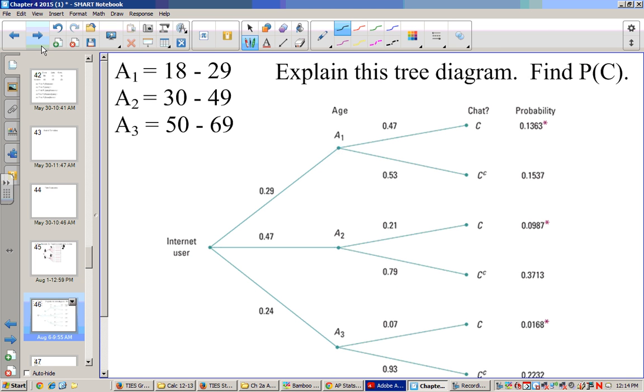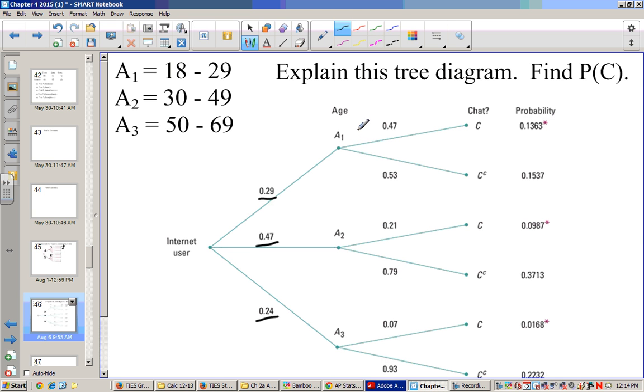This one is a slightly more complicated tree diagram where this is of internet users between the age of 18 to 29, 30 to 49, and 50 to 69. And then these probabilities are the proportion of people in those age groups in this particular study. So once we have them split up into these three age groups, now we wanted to check if they're using some online chatting feature.